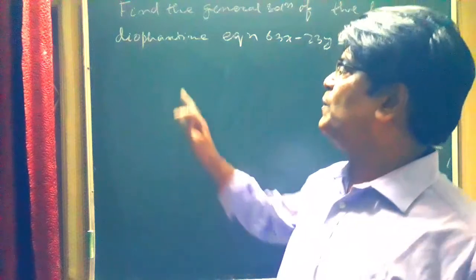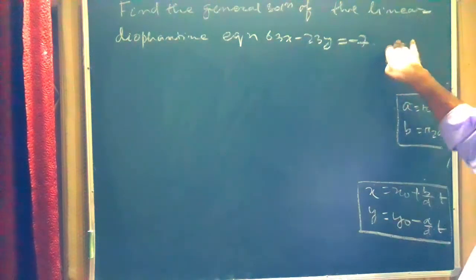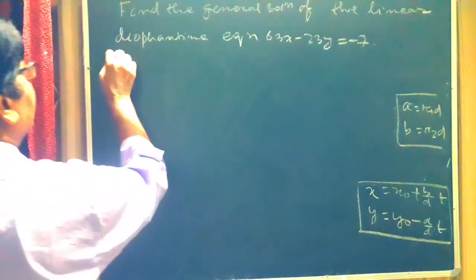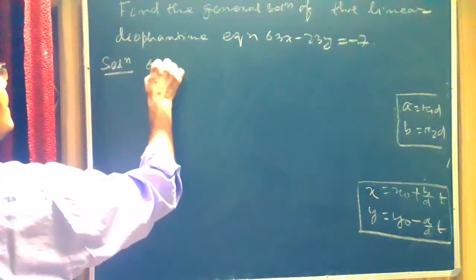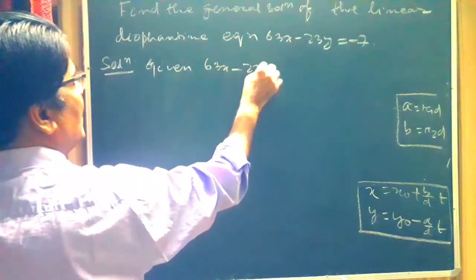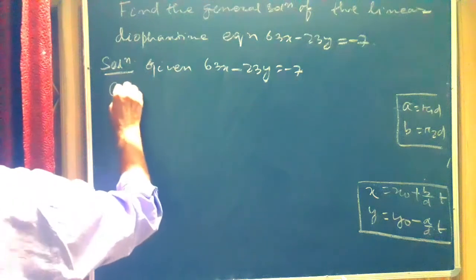Now we have the problem: find the general solution of the linear Diophantine equation 63x - 23y = -7. Now the solution. Given 63x - 23y = -7.